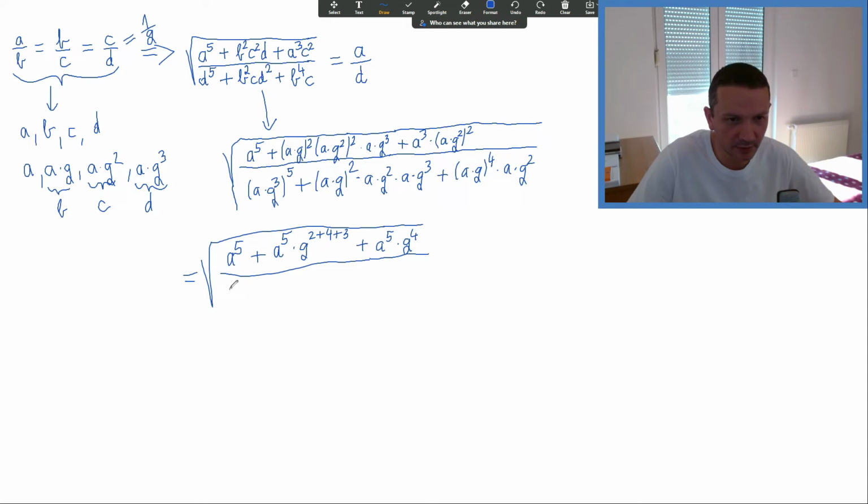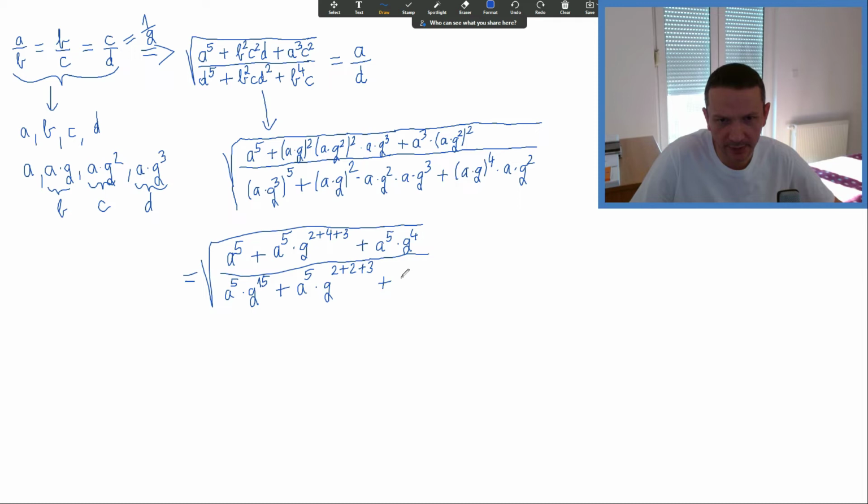And in the denominator we will obtain A to the power of 5 times Q to the power of 15, plus A to the power of 5, and Q will be to the power of 2 plus 2 plus 3.